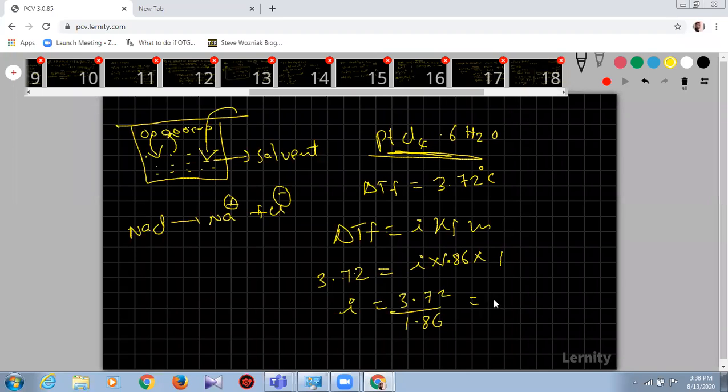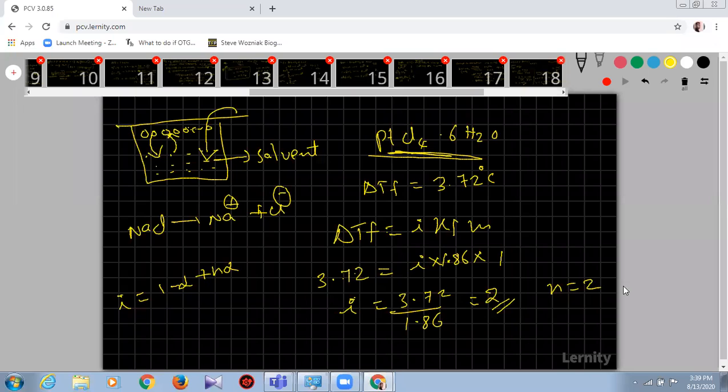That means 2 will come. That means i is equal to 2, which means how many ions will you get here? i is equal to 1 plus (n minus 1) alpha, that is 1 minus alpha plus n alpha. Am I right or not? 100% ionization means you will get 2. The i value is equal to the n value, also 2, because of 100% ionization.